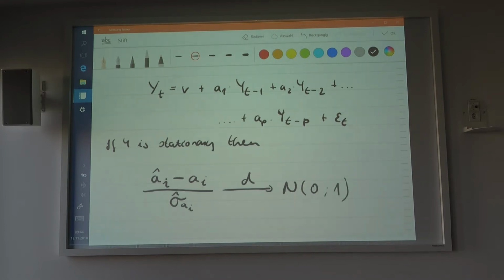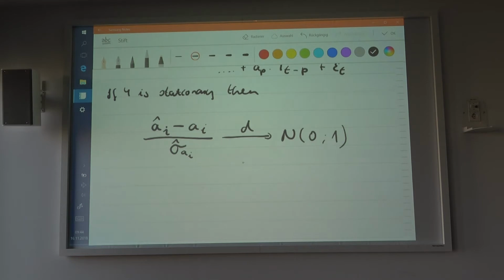This holds as the number of observations converges to infinity. It is always true for any of the coefficients we are interested in, 1 to p, so you can use the normal distribution for that. This is true no matter what kind of distribution you have for the error term.